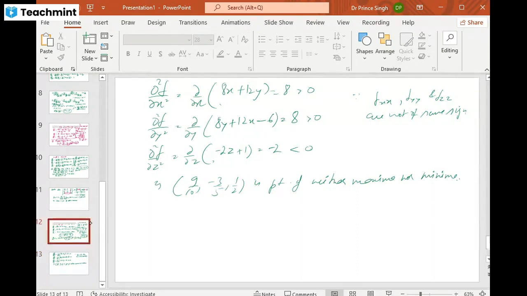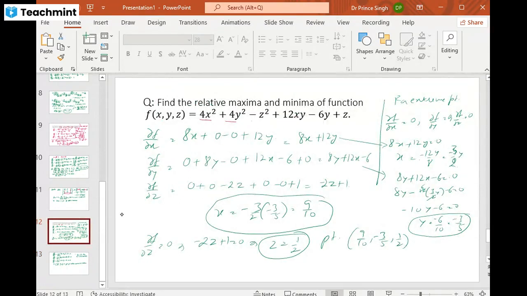Okay. So in case of even three variables, if it is a polynomial function, we can easily judge whether the given point is a point of maximum or a point of minimum. We simply need to focus on the second order derivative. In case of a polynomial function, second order derivative with respect to x is constant, this is constant, this is constant, and this whole term will be zero.